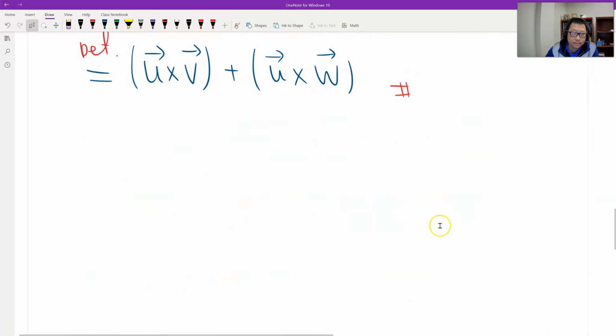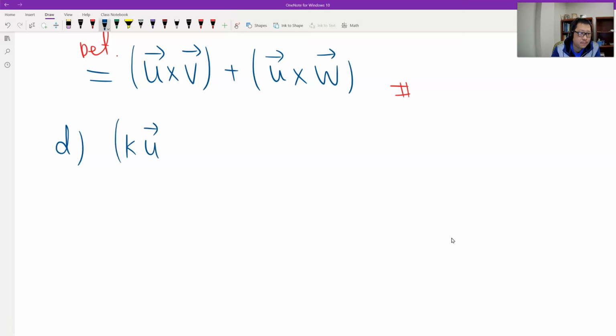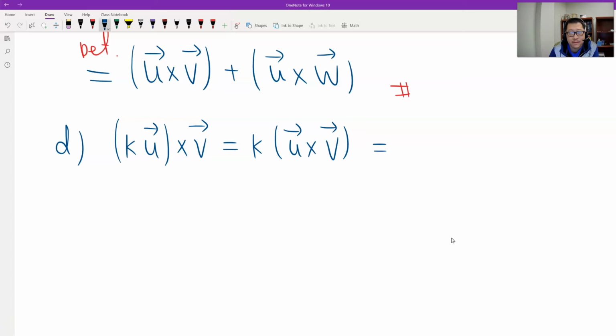D, homogeneity: K times U cross V. So we can take the K out, which equals K times U cross V. That's the first.